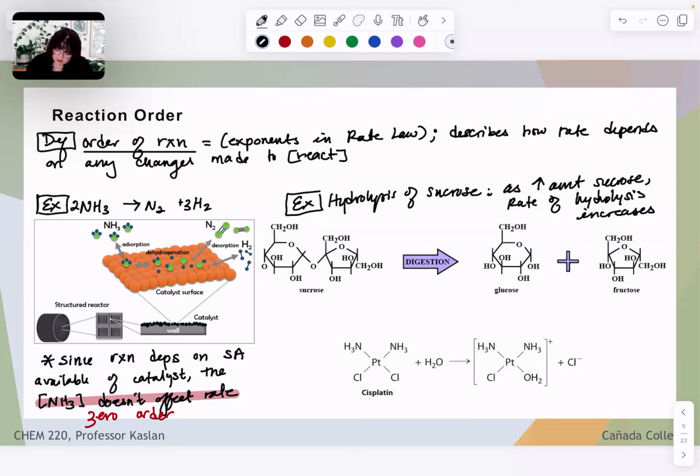So this means that we are first order because there is a direct dependence or proportionality of the rate on the concentration of sucrose. So direct dependence, if I were to double the amount of sucrose in the stomach, then the rate would also double. Direct proportionality.